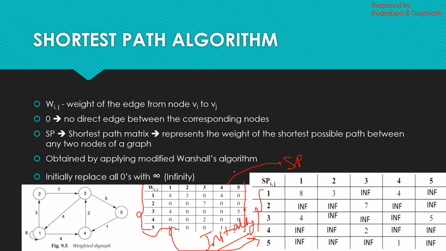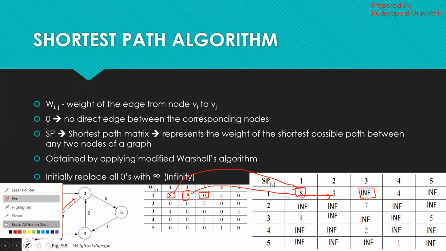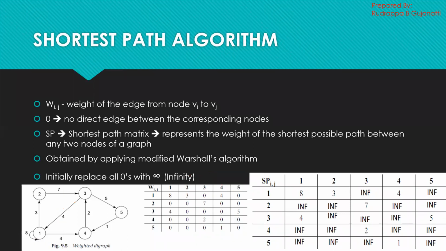In this one, you consider 1 to 1, and the same value you update over here. 1 to 3, the same value is updated over here. But what if there is no direct path between the nodes? You update it with the value identified as infinity. So if there is no direct path between these two, you update it with infinity. It indicates that you will not be able to reach from 1 to 3 directly.